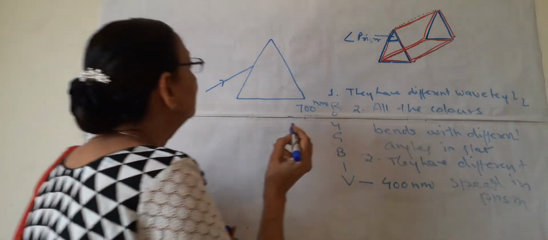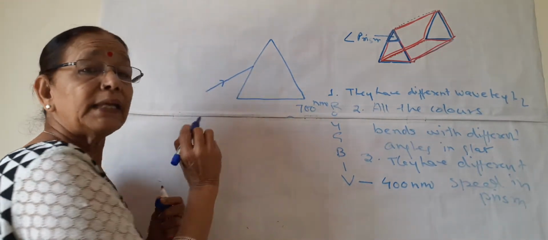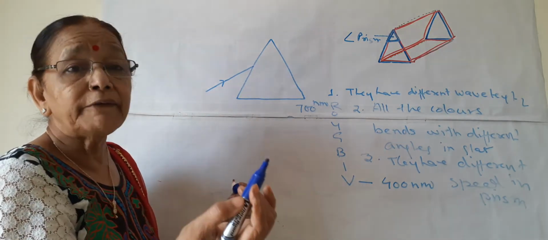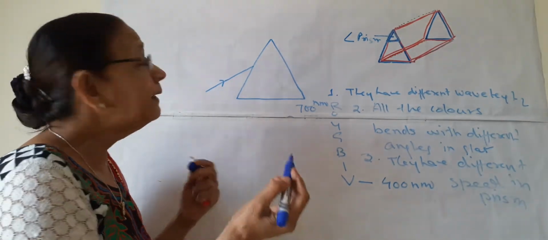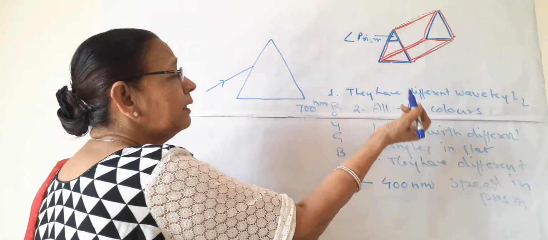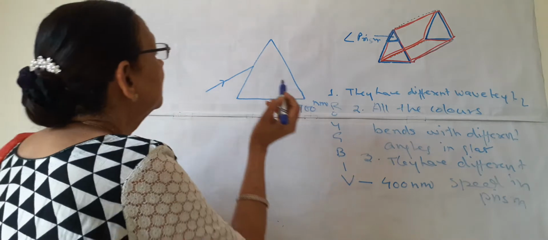So we will see what this is. When this white light touches this interface, it breaks into 7 colors, and this is the dispersion of white light. And as I have written here, they bend with different colors.